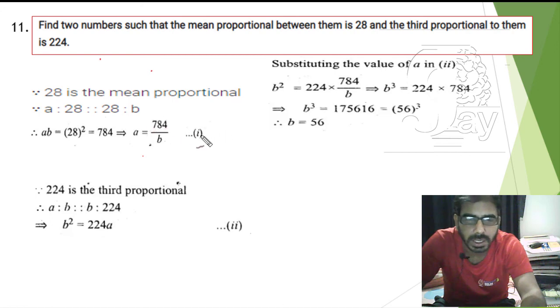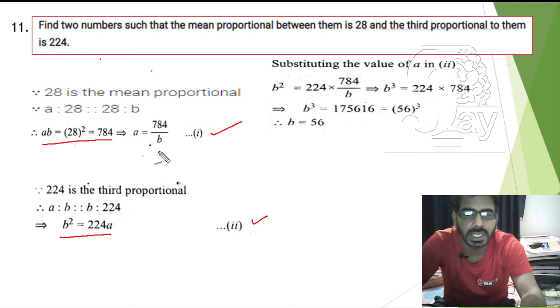Now the thing is, from the first condition we get one equation. We can use this one too, no problem. And from the second condition we get another equation. So these are the two equations with two variables, so we can easily calculate one of the variables.